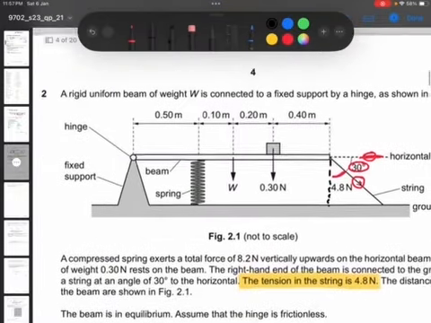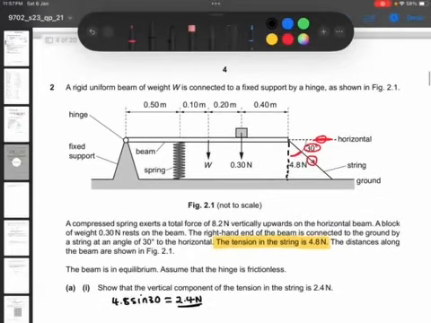In this case, now I need to read the question. A uniform rigid beam. When a beam is ever said to be uniform, the first thing that must come to your mind is that this means that its weight acts at the geometric center. Of course, here they already did it for you.